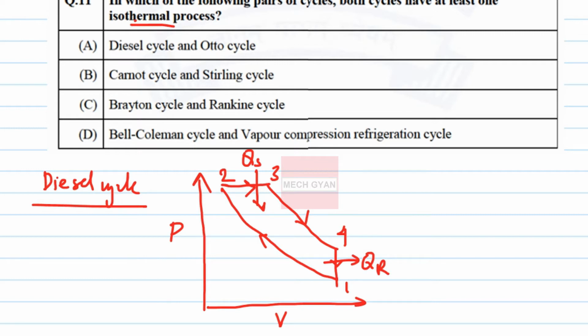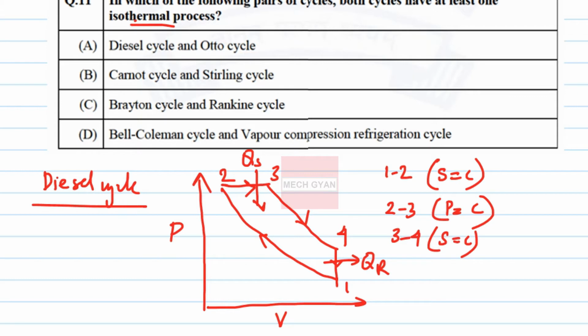Process 1 to 2 is isentropic, S equal to constant, 2 to 3 is pressure equal to constant, 3 to 4 is again S equal to constant, and 4 to 1 is volume equal to constant. Let's draw this on the TS diagram also.